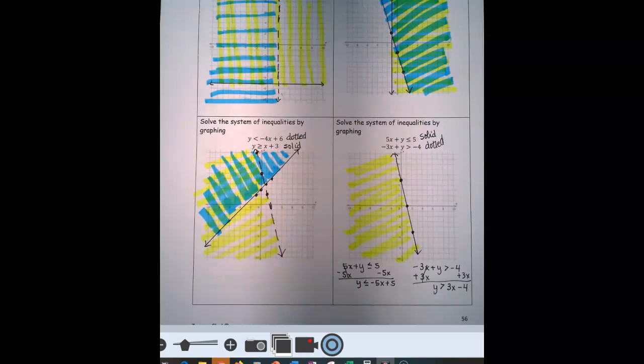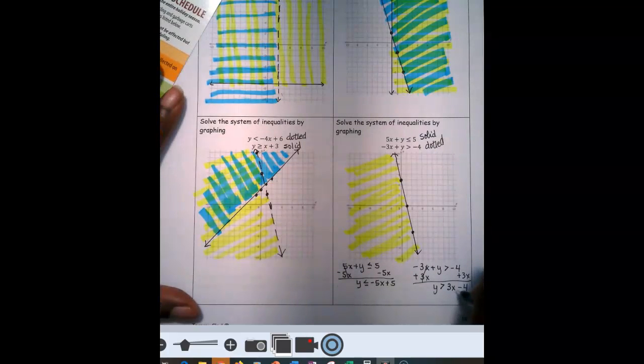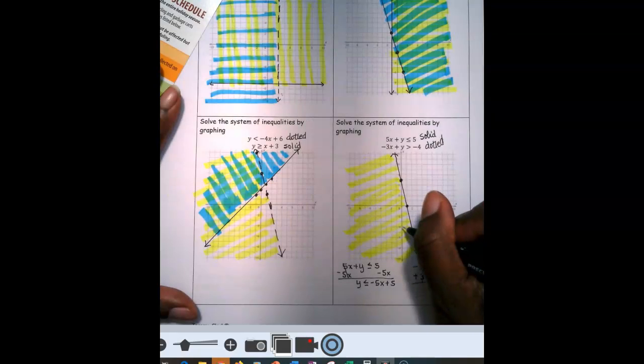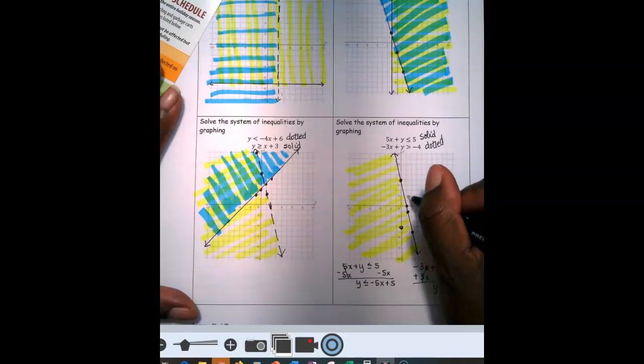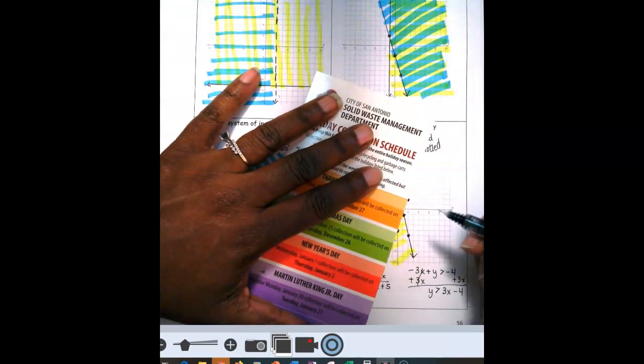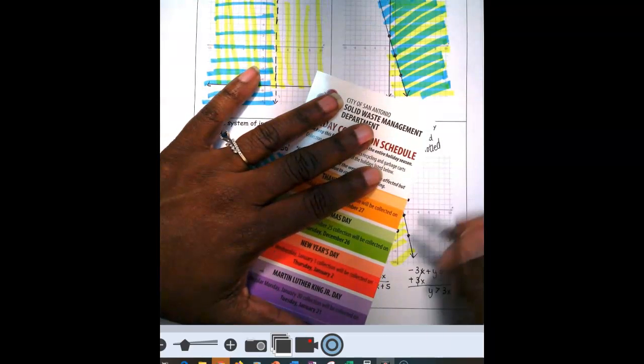And then we've got our other line, which is y is greater than 3x minus 4. So we come down here to negative 4. And we're going to go up 3 and to the right 1, up 3 and to the right 1. And this time, remember, it's dotted.